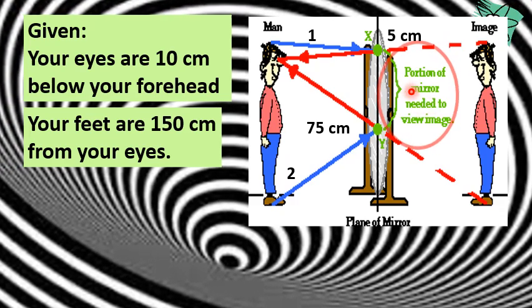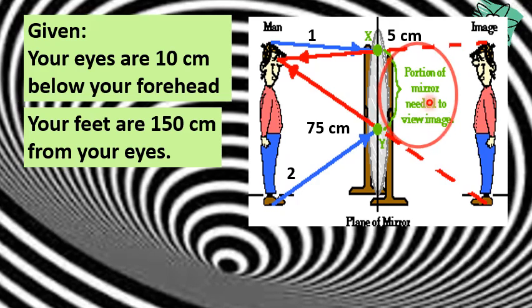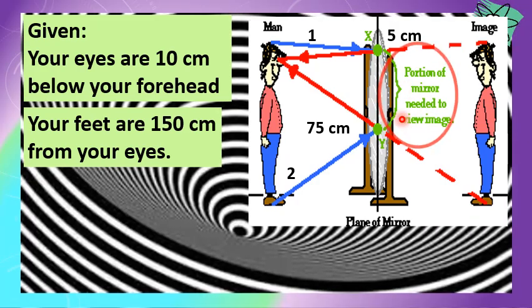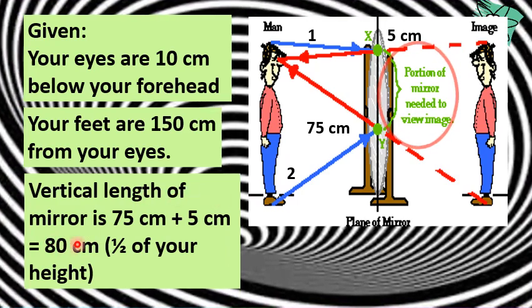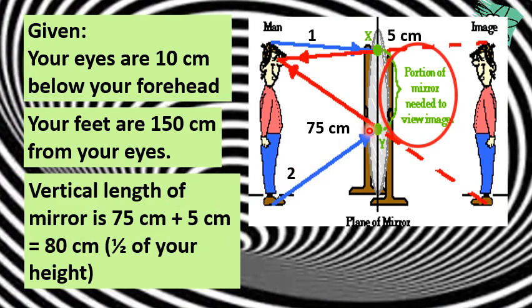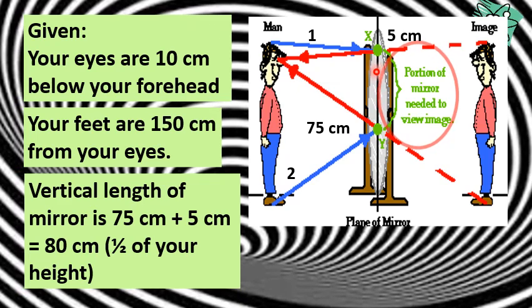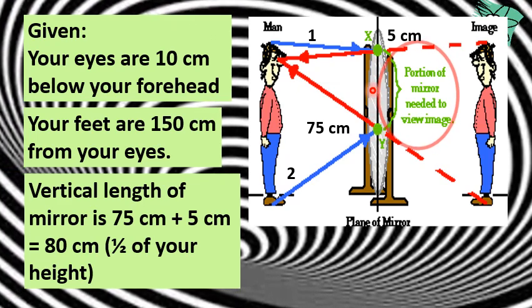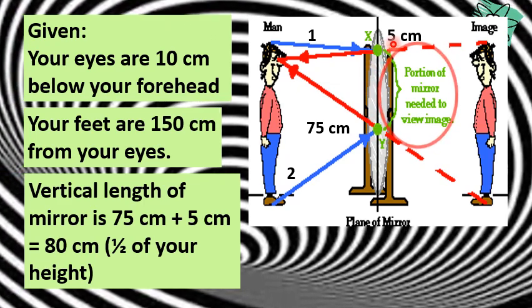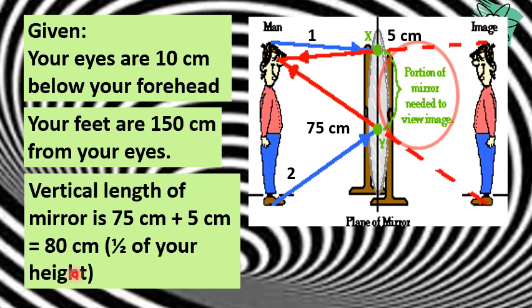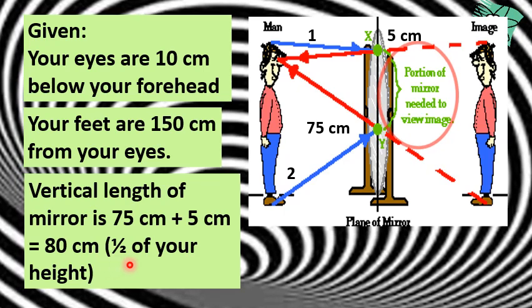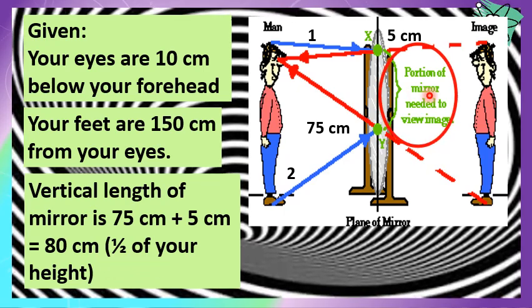What is this distance? It is in fact equal to the vertical height of the mirror, which is 75 centimeters, plus the 5 centimeters here, for a total of 80 centimeters. So that's exactly half of your height.